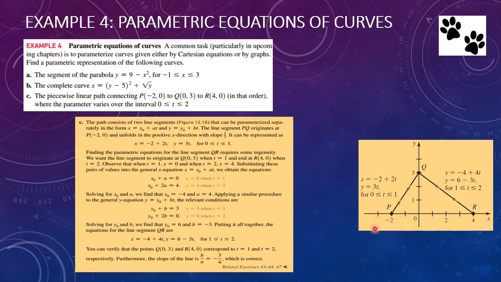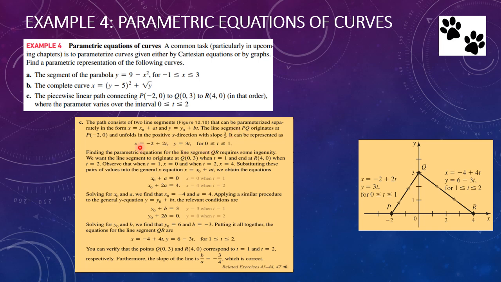So we have the coordinates of these points, and we can find the slope of each of these to find b over a. The line segment PQ originates at (-2, 0), so these are our x sub 0 and y sub 0 points, and unfolds in the positive x direction with a slope of 3 over 2, so b is 3 and a is 2.